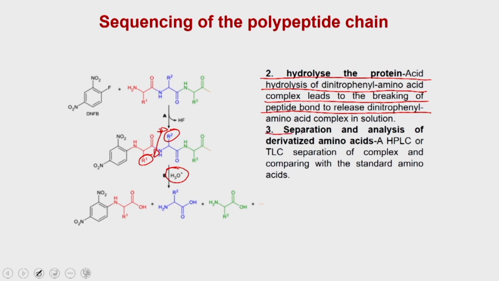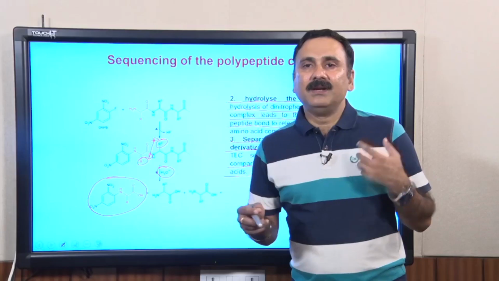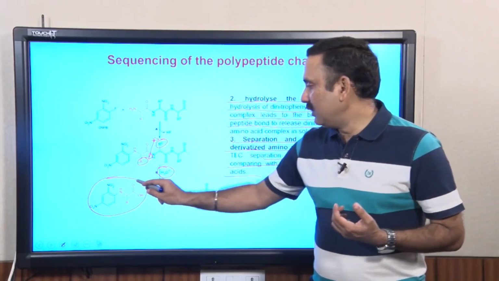And then the third step is the separation and analysis of the derivatized amino acid. Then what you do is you take this whole reaction and inject it into an HPLC machine or run it on TLC plates, and that is going to separate the complex, and with the help of standard amino acids, you will be able to identify this particular amino acid.